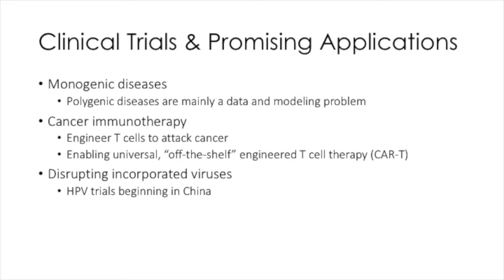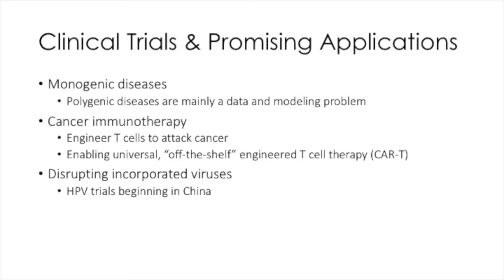But this process of modification is quite long and costly, and also you're taking T cells from an already pretty sick and vulnerable patient. So what would be great is if we could take someone else's T cells, engineer them to attack a specific cancer type, and then provide those T cells to everyone who has that cancer type.